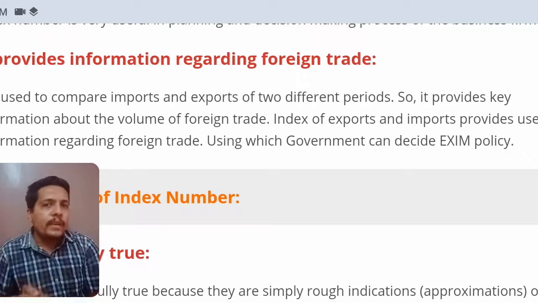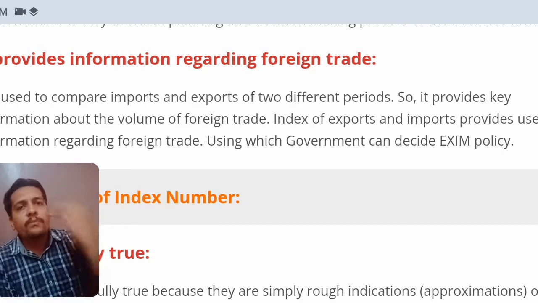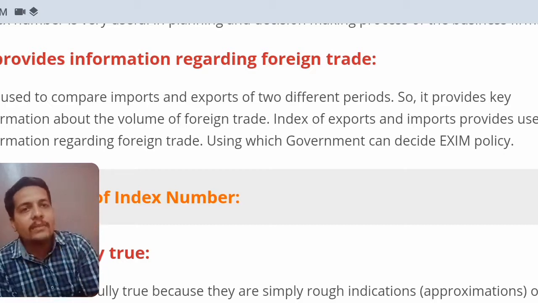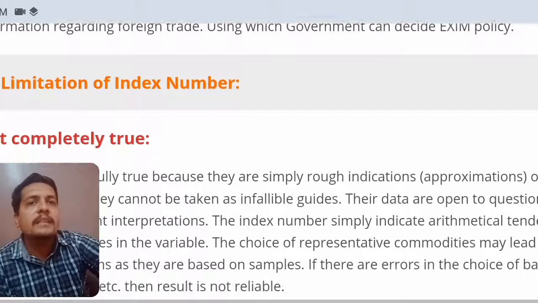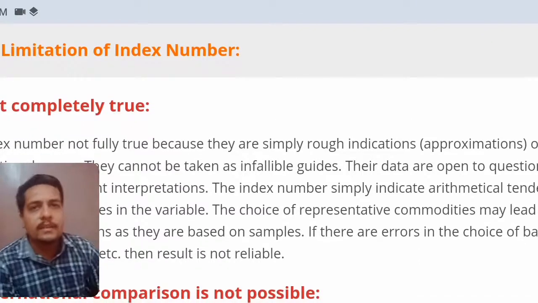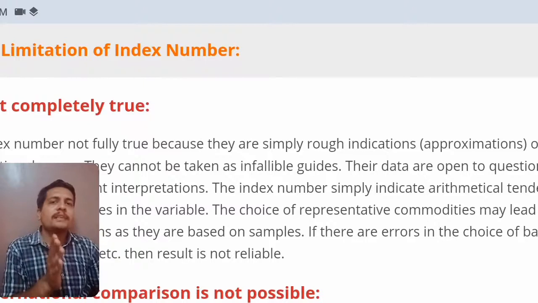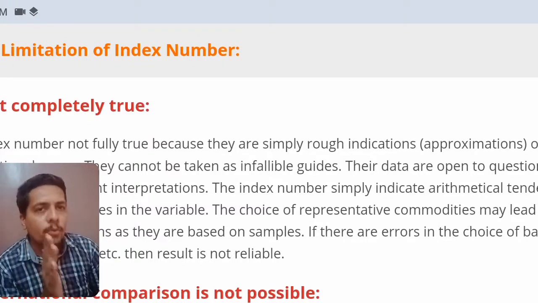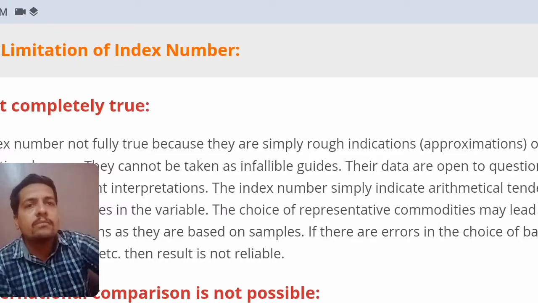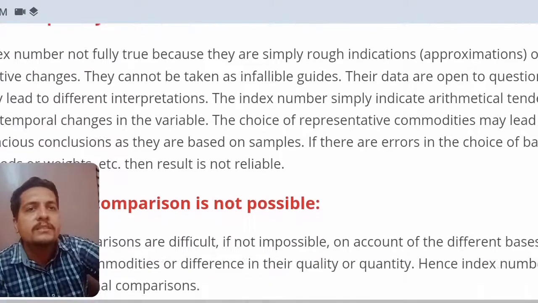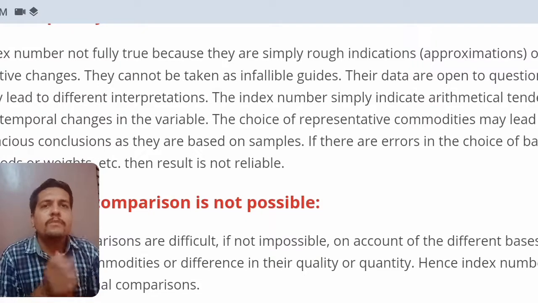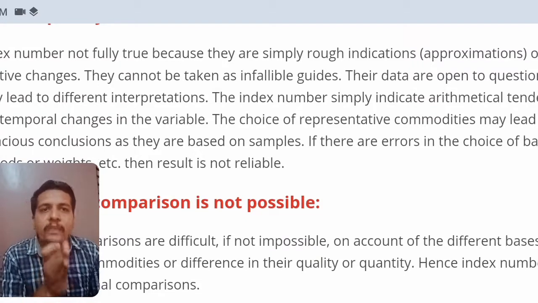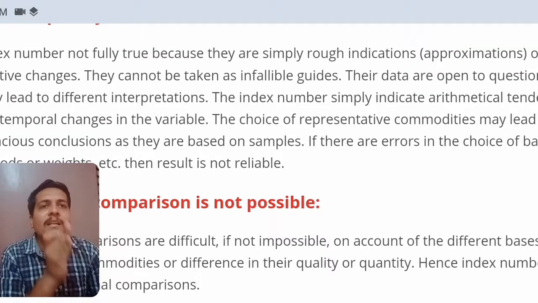So after we study the features, characteristics and advantages, now the last topic regarding index number theory is limitations of index number. So the first limitation is not completely true. Index numbers are not fully true because they are simply a rough indication or approximation of the relative change. They cannot be taken as infallible guidance.